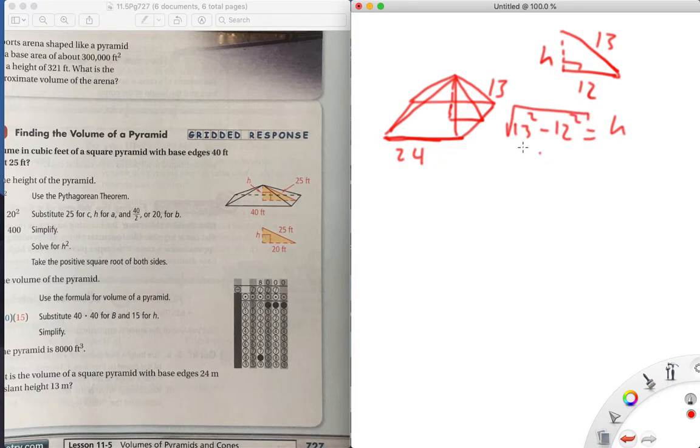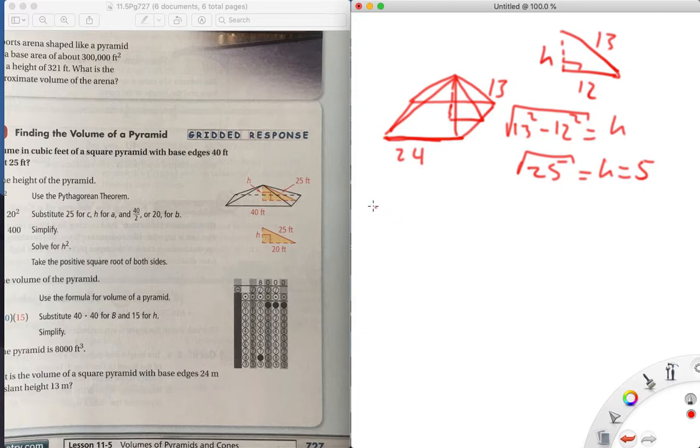It's going to be 169 minus 144, which gives me the square root of 25, which is the height, which gives me my 5.